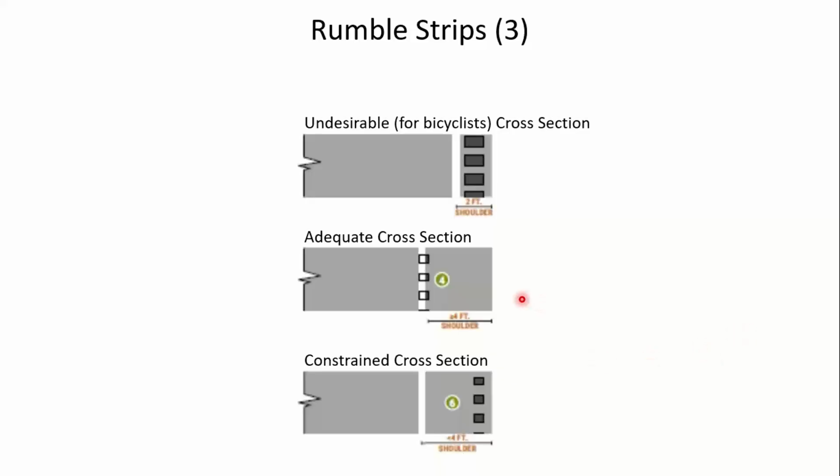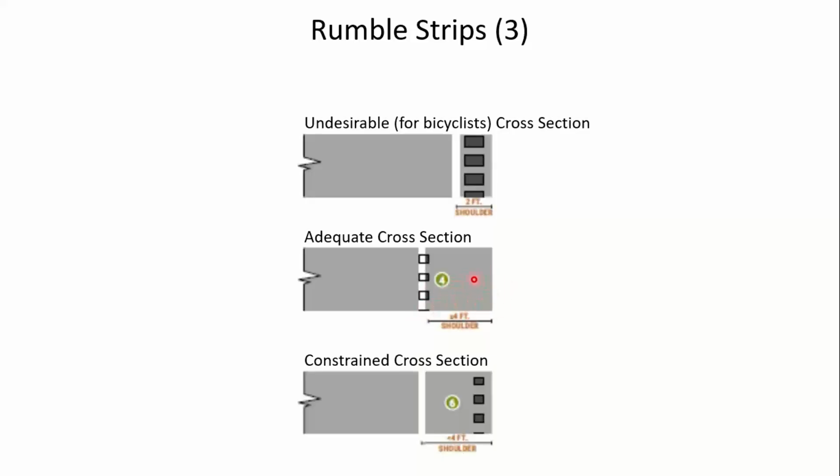In the middle, you see what they call an adequate cross section, and this also shows the rumble stripe configuration. Notice we have more narrow rumble strips, maybe 6 inches, and the edge line is painted over the rumble strips, and that's called a rumble stripe. But notice now they're showing 4 feet or greater here.